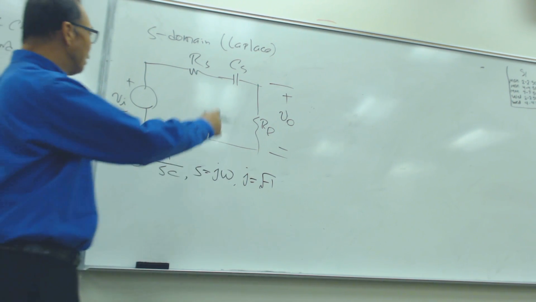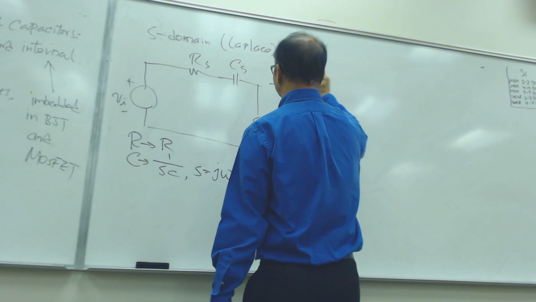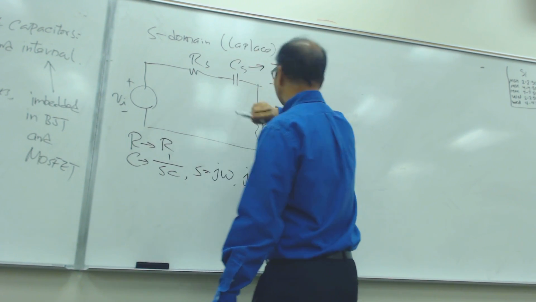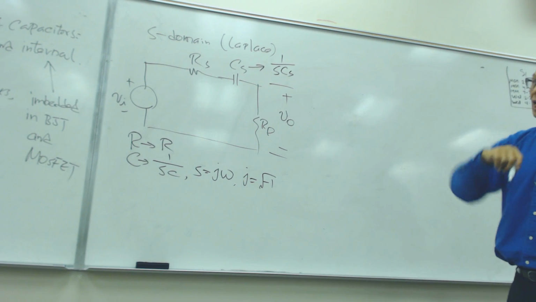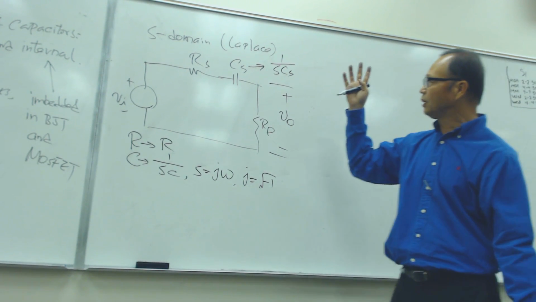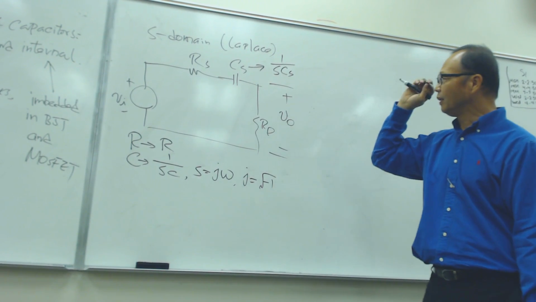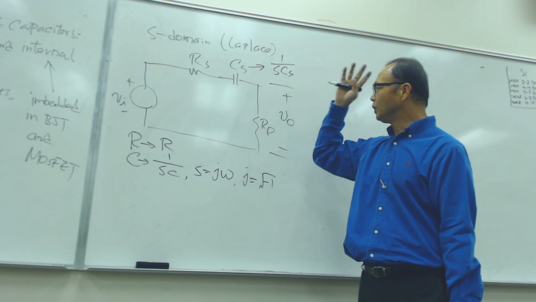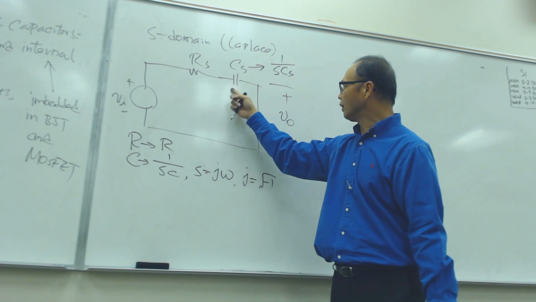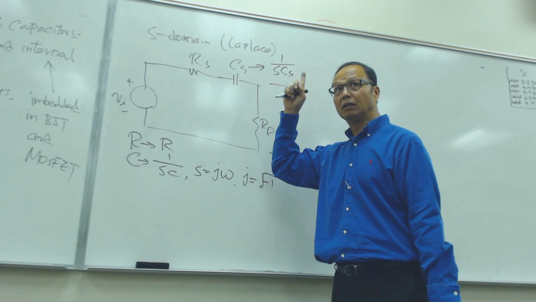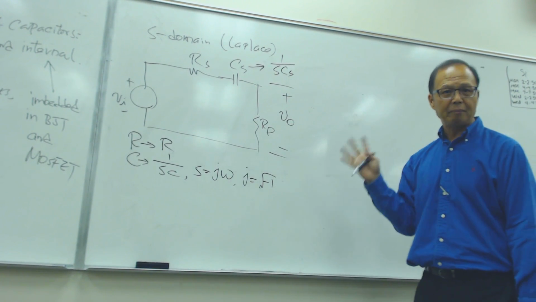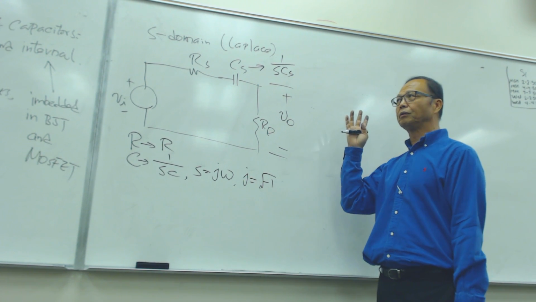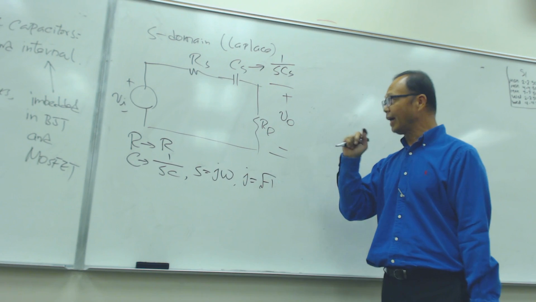Okay. So if you do that, then this will become 1 over S C sub S, correct? Once you have this in the S domain, then you can analyze the circuit by treating all the components as resistors. So that means you can do algebra. You don't have to do differential equation.